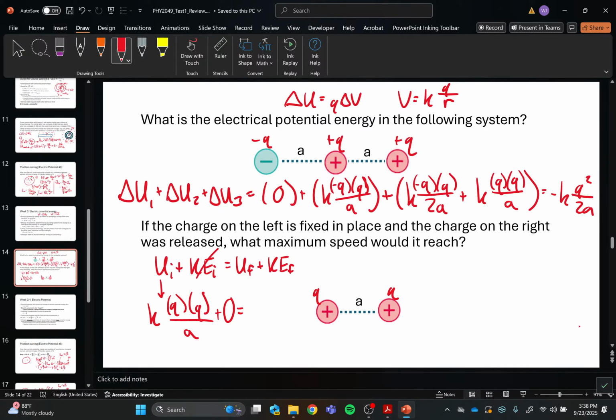Great. What's the energy I end with if it flies infinitely far away? 0. If I go infinitely far away, it doesn't have any energy anymore. They don't see each other anymore. What is my kinetic energy that I end with? All right, and then you just do the math. Rearrange this, solve, easy. So V equals the square root of 2 times KQ squared over A times M.